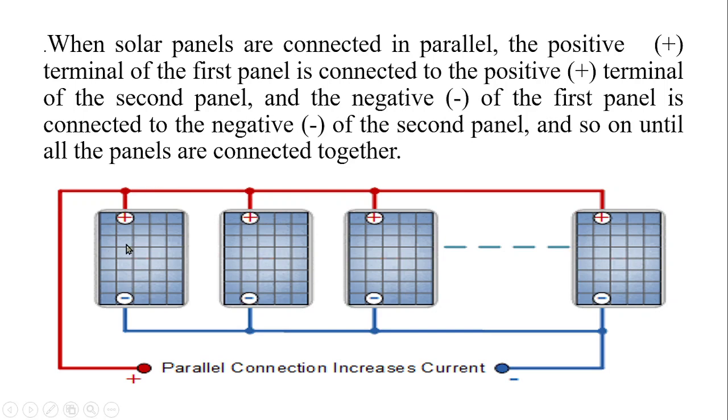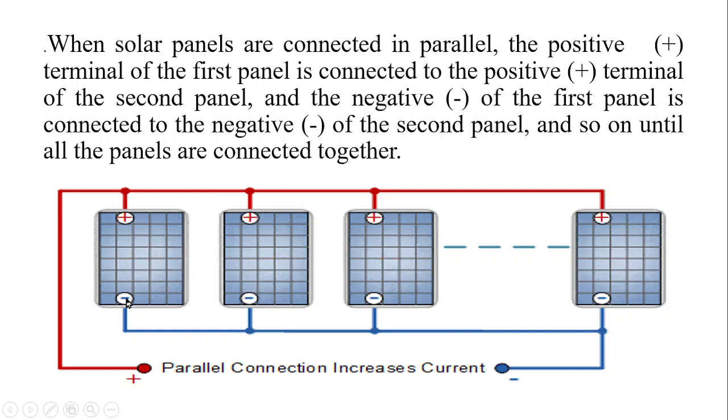When panels are connected in parallel, the positive of the first panel is connected to the positive of the second panel. The positive of the second panel is connected to the positive of the third panel. The connection continues from positive to positive to positive until we get to the last panel.